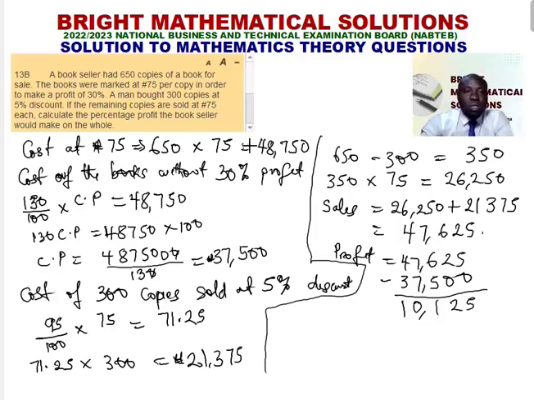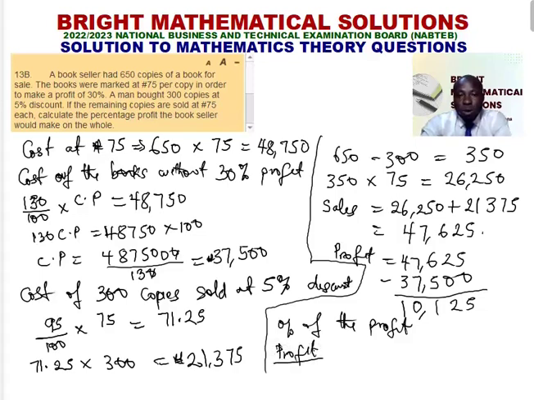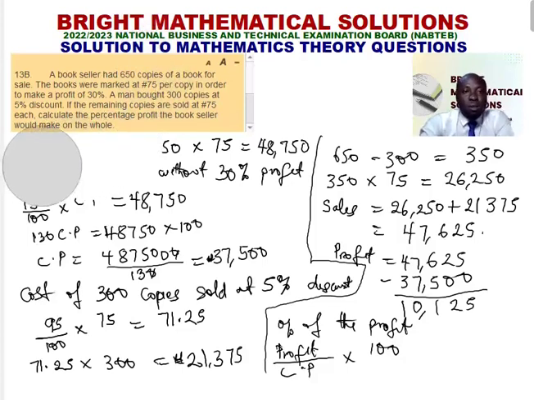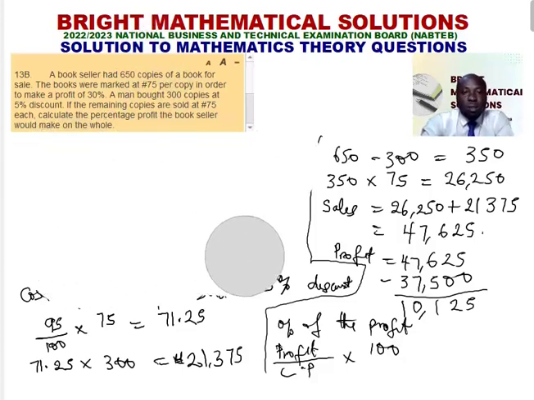But the question is saying you should calculate the percentage profit the bookseller would make on the whole. So the percentage profit will now become profit all over the cost price multiplied by 100. Now let me rub this so we can write on this other side.